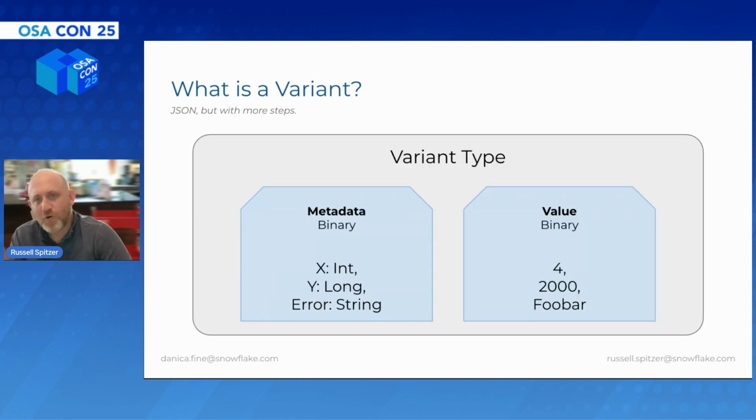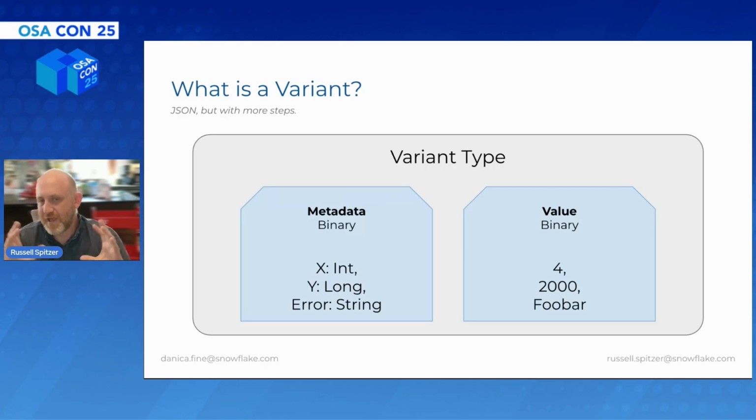At its core, it's basically being stored as two different columns inside of your data files. One which contains the metadata for that particular row, and the other which contains the values for that particular set of metadata. So for example, you might have a row with a single variant, and this variant might have an X, a Y value, and an error value.